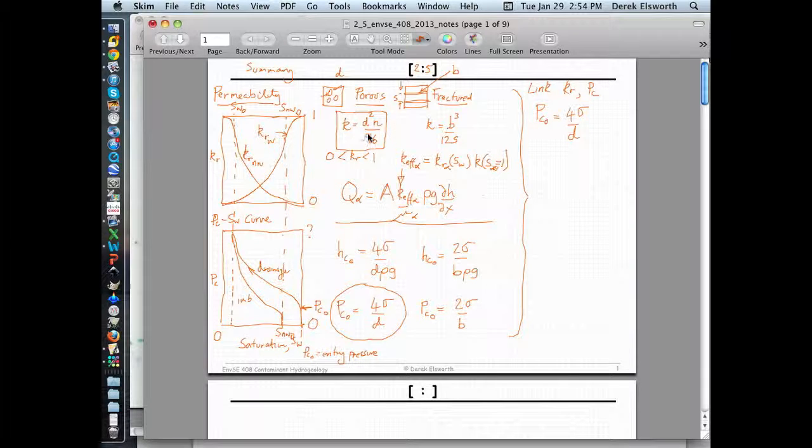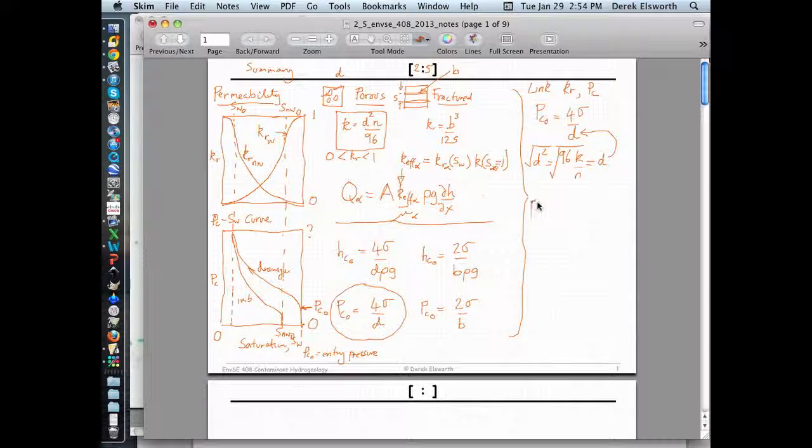So if we rewrote this expression, we could write it as d squared, just by rearranging this, is equal to 96 times permeability over porosity. And we could square root both sides. Obviously, this is equal just now to D, and we could throw this expression into here.